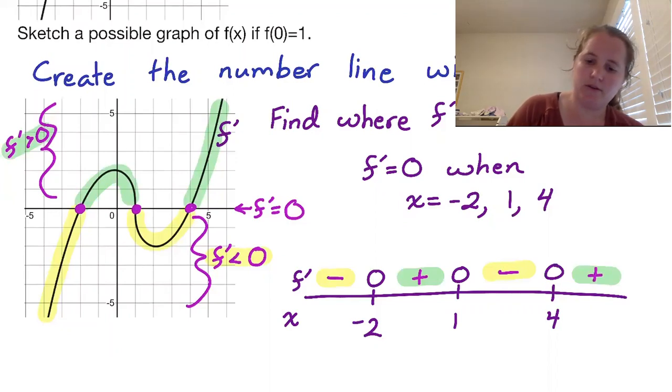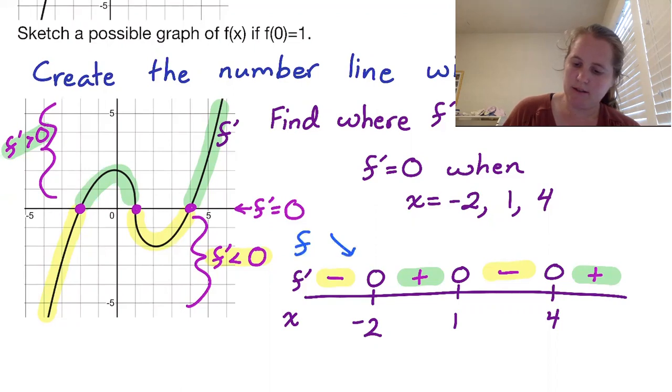So if we draw our function f, we decrease until -2, then we increase, flatten out, decrease, flatten out, increase.